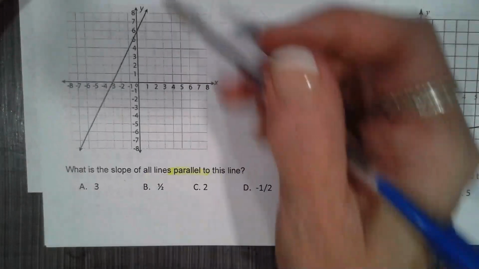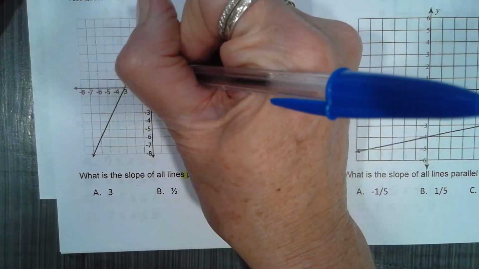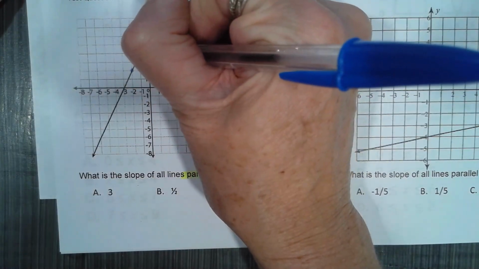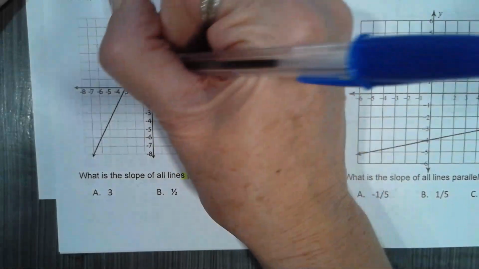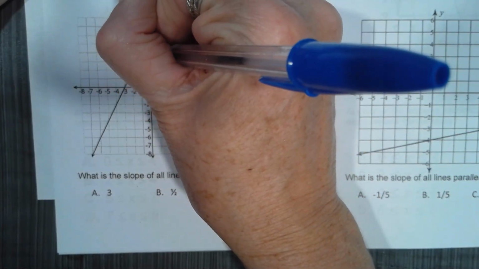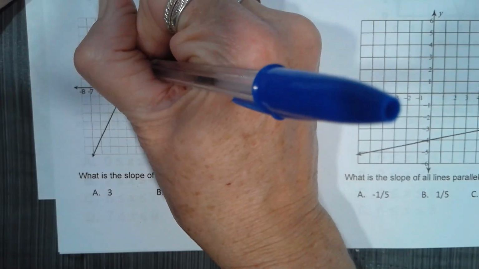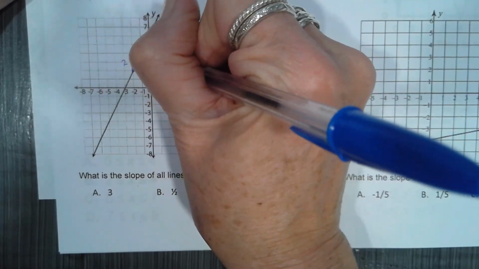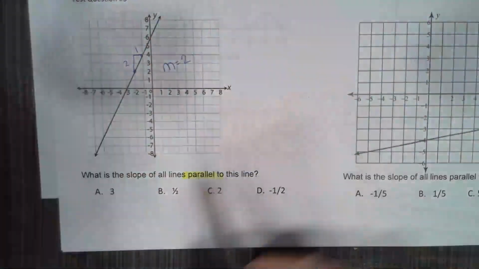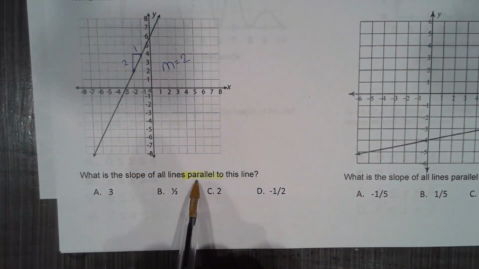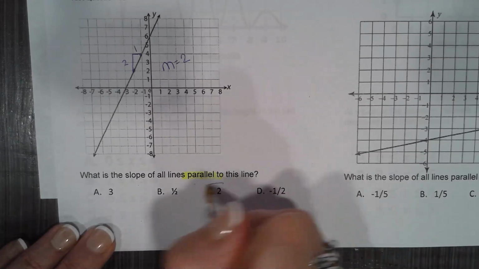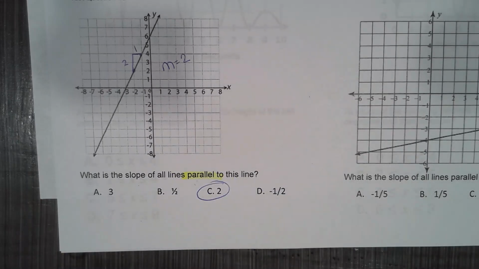So let's find the slope. I'm going to pick me 2 good points, and those would be where the line goes through the corner of the box. So I'm going to make me a right triangle. I'm going to rise 2 and run 1. So my slope is 2. And if I want a parallel line, I need the same slope. So the answer is C.